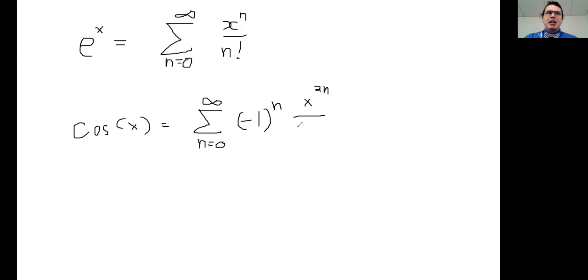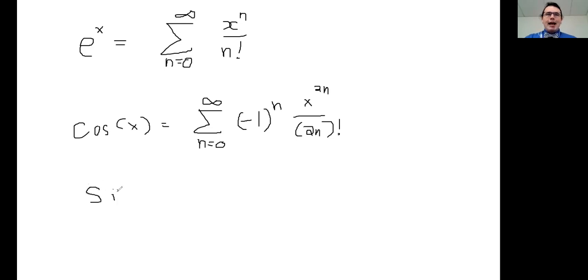So my summands will have the formula minus 1 to the power n times x to the power 2n divided by 2n factorial. So I double n and I take the factorial of whatever that number is.